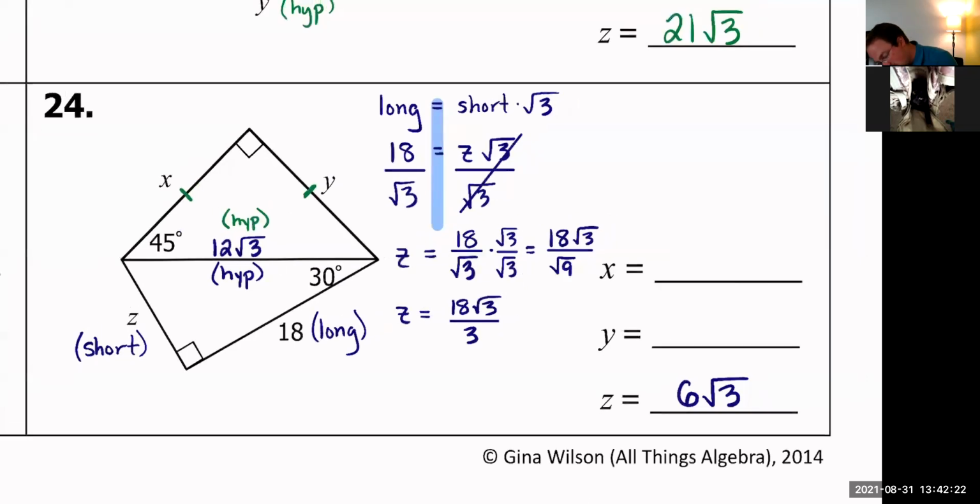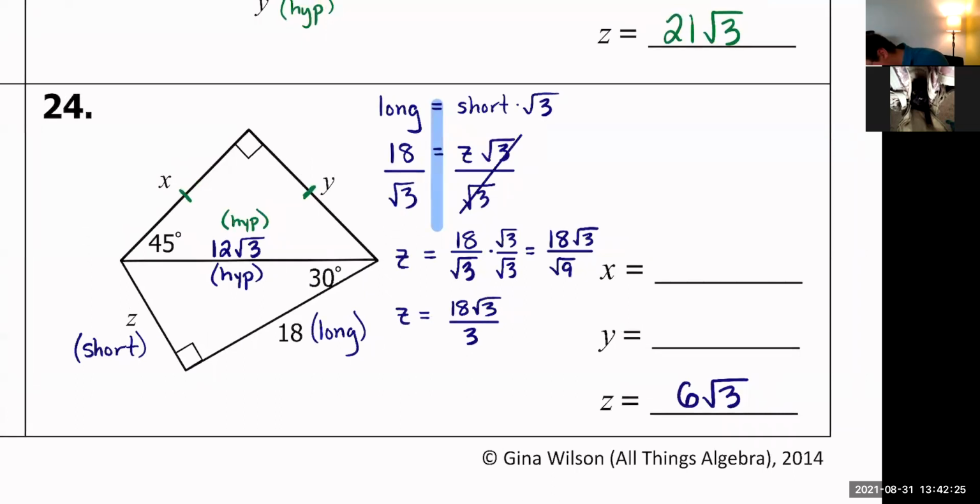Well, let's see. Where am I going to squeeze this in? Hypotenuse, I'm going to do over here to the side. Hypotenuse equals the leg times the square root of 2. My hypotenuse is 12 square roots of 3 equals, we'll use x as our leg, so x times the square root of 2.